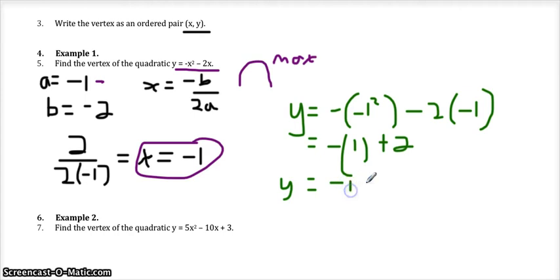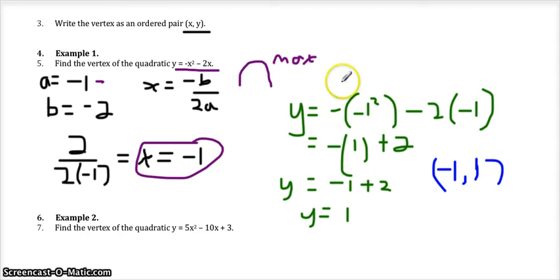So we have negative 1 plus 2, and our y equals 1. Therefore, our vertex is negative 1, 1. And I'm going to erase this and make it a little neater. Not much neater, but that's your vertex, negative 1, 1.